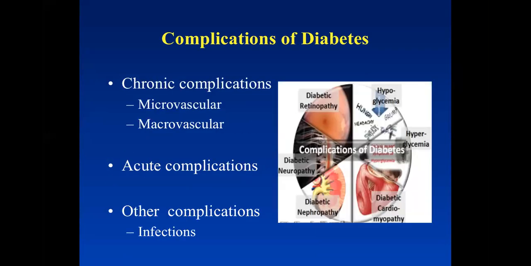When we talk about complications of diabetes, there are chronic complications, which can be microvascular or macrovascular, which you will learn in a later lecture. But what we are going to talk about today is acute complications, and there could be other complications, like they are more prone to develop infections and so on.